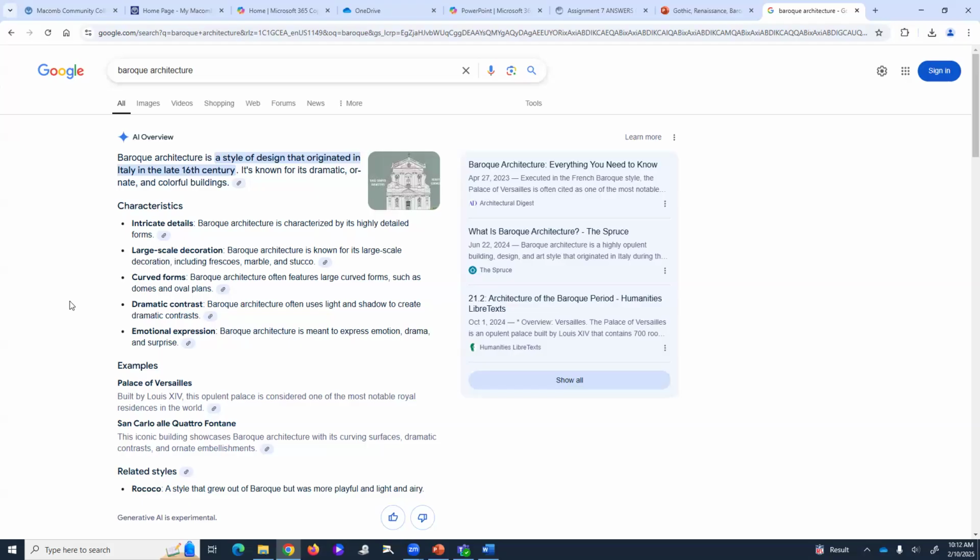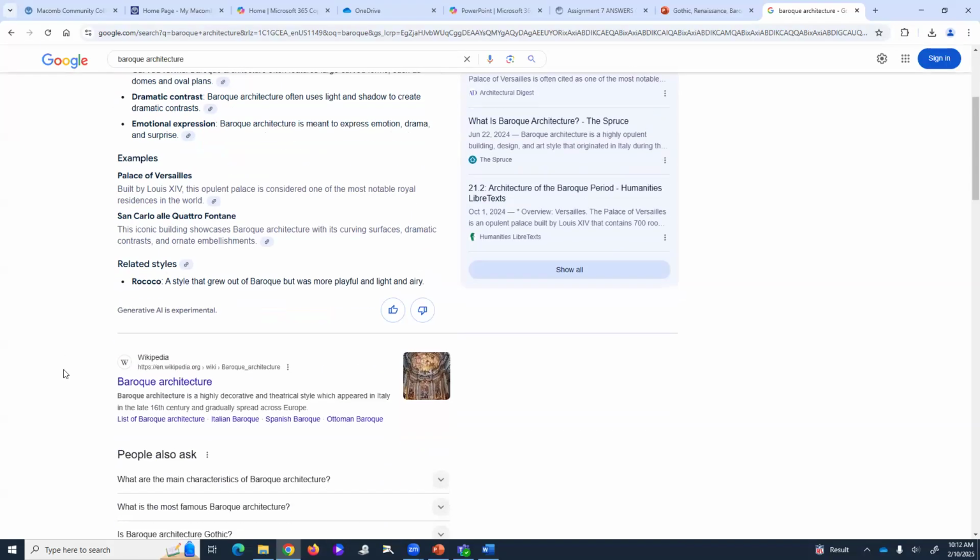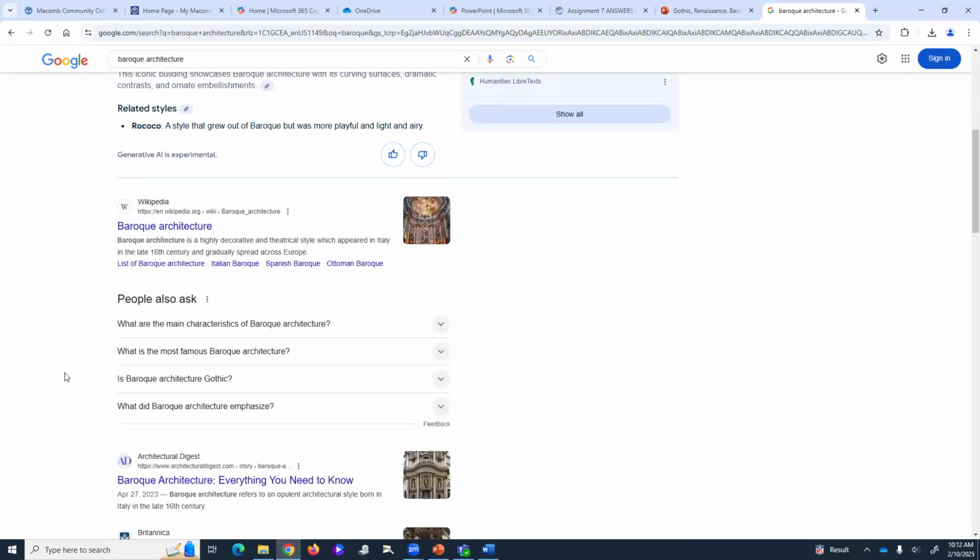But mostly, if you look at all the drawings, you'll see a lot of added ornamentation. Rococo was a style that grew out of Baroque, that became more playful, light and airy. You'll see it's almost like a building with added sculpture.